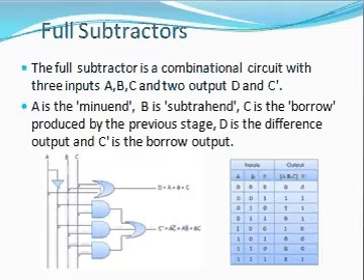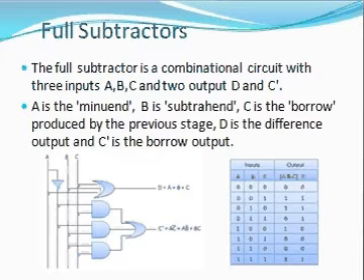And this is the truth table of the full subtractor. The logical expression of the full subtractor is A plus B minus C. So according to this expression, the output will be set or reset.